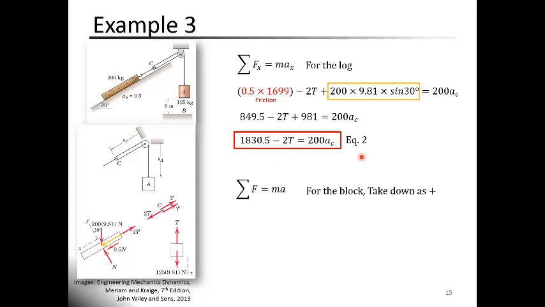The next equation can be found by studying the block. So if we study the motion of the block here, we say that this block moved in the vertical direction. If we consider the y direction for this particular block, the y direction is going down, and don't mix up between this part and this part. We are studying them separately.